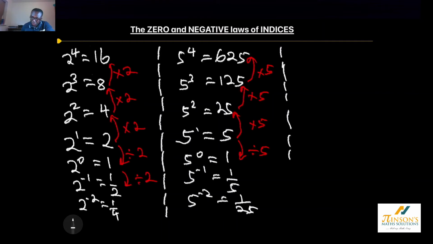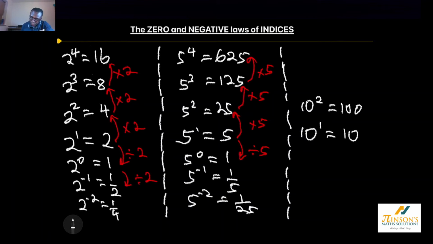Now let's check for another number. I'm going to use one of my favorite numbers, which is 10. So we're going to try 10 to the power of 1, and that is 10. We know that any non-zero term to the power of 1 is just the term itself. 10 squared is 100.